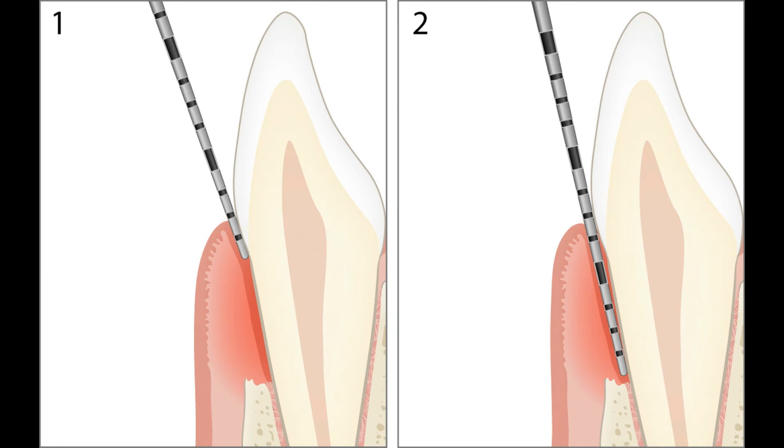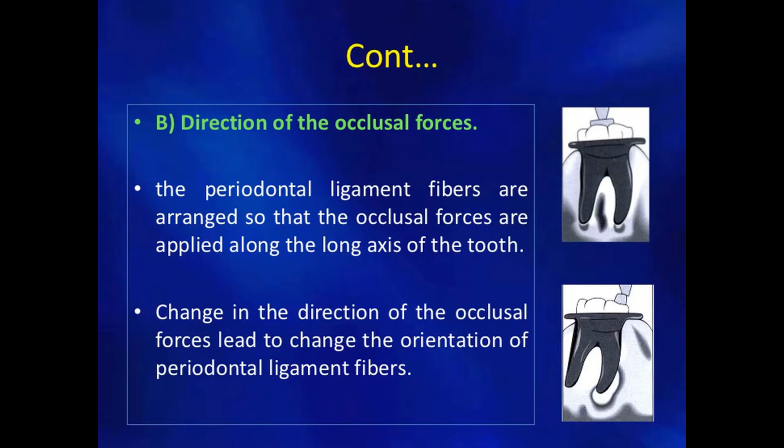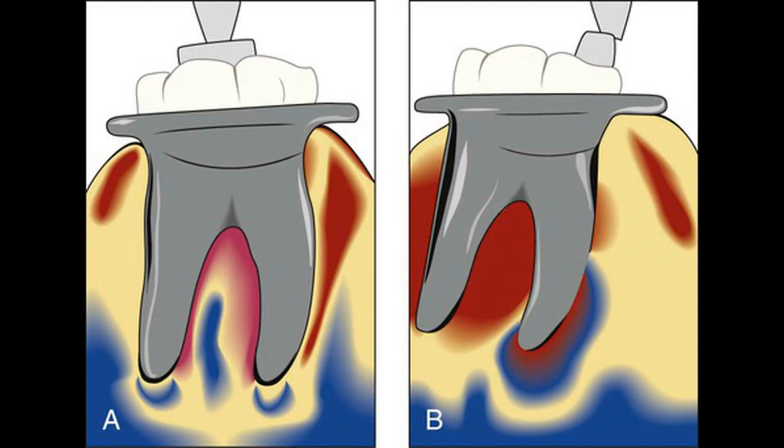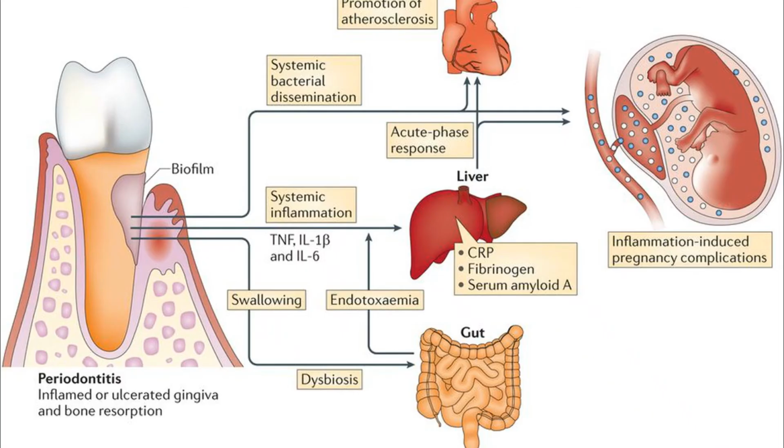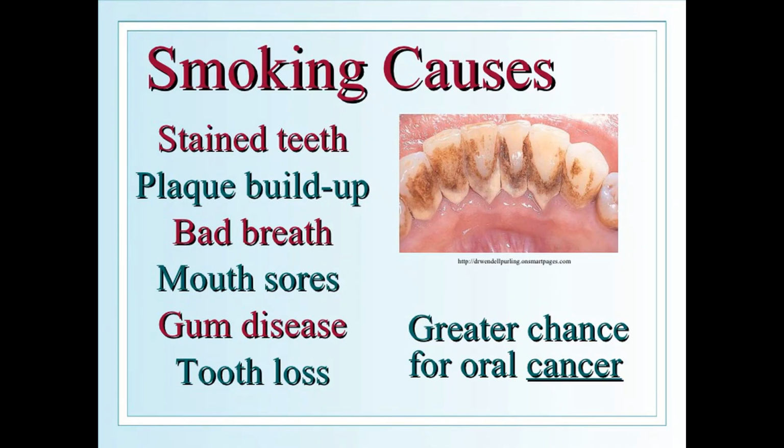Another factor is tooth mobility, and the occlusal forces, that is, whether the occlusal forces on the periodontium are normal or abnormal. Then the patient's home care and motivation, that is, whether the patient is maintaining oral hygiene properly at home. Then the presence of any systemic diseases and cigarette smoking.